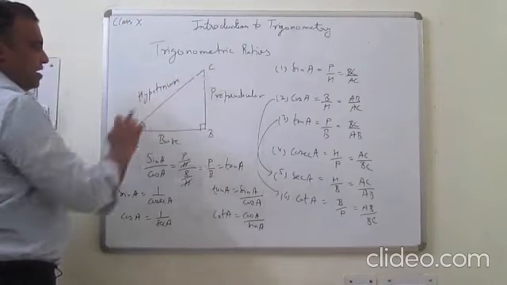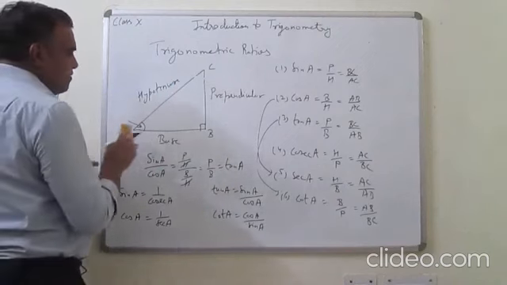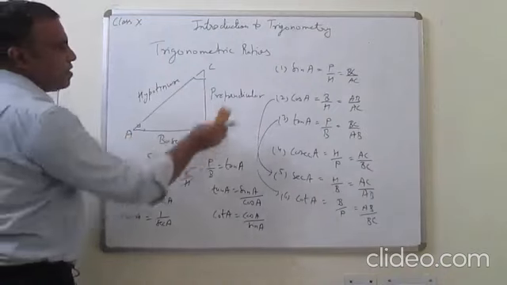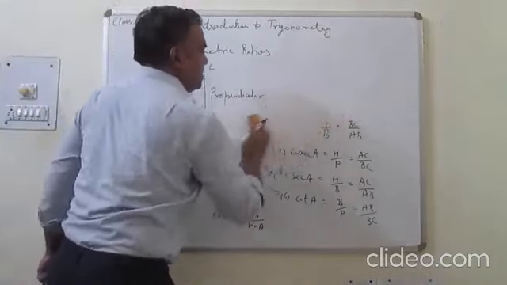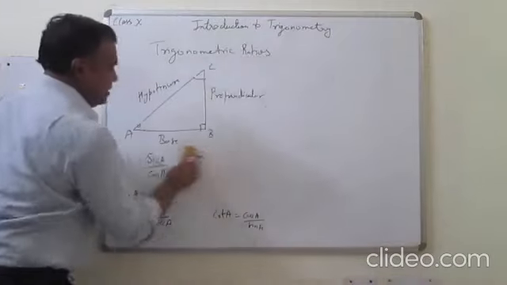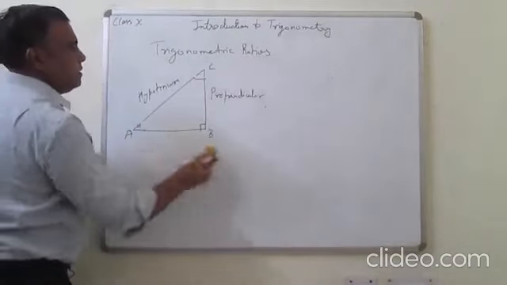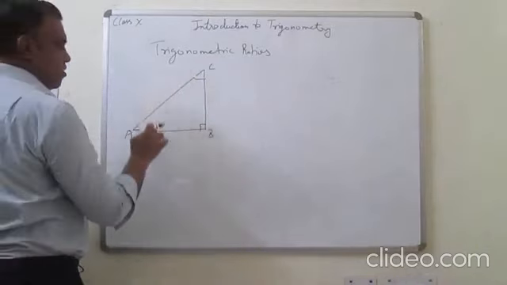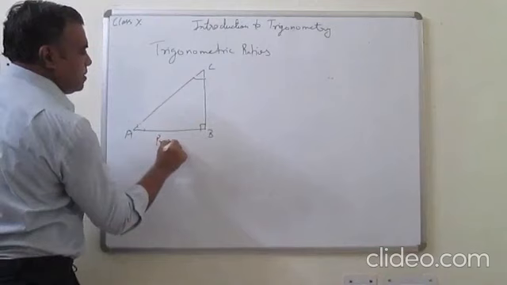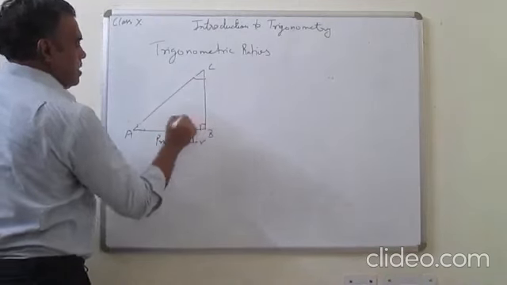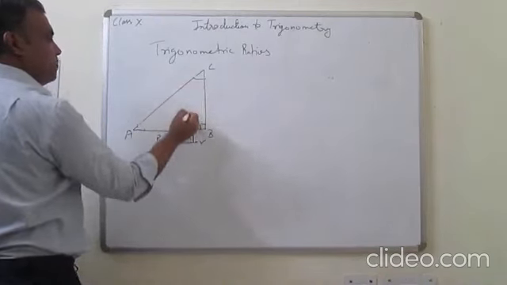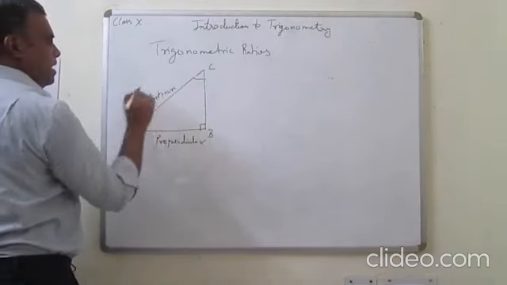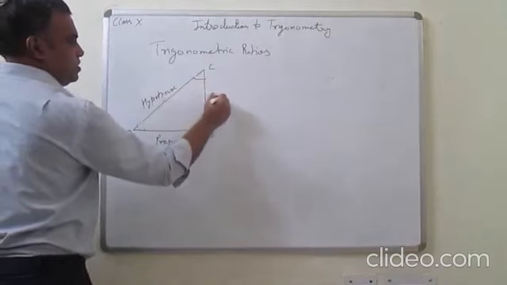Now the categories are changed. If I take angle C, the perpendicular is AB, the hypotenuse is the side opposite to 90 degrees, and the base is BC.